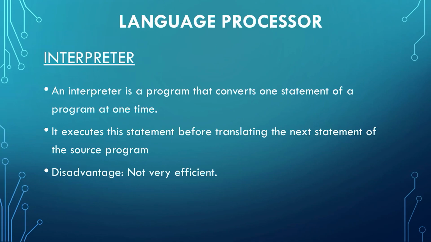The disadvantage of the interpreter is that it is not very efficient. Why? This is because it does not produce an object program. It must convert the program each time it is executed. As an example, let me tell you, Visual Basic is a language which uses an interpreter as translator.